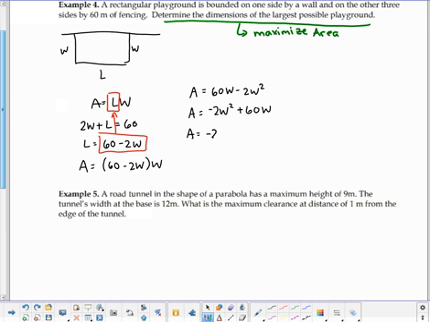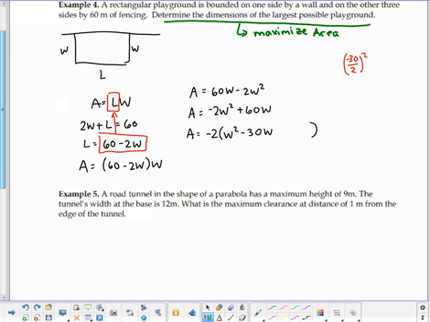Negative 2, we're left with w squared plus 60, negative 30w, because we have to factor out negative 2 from that. All right, this is a fun one. Negative 30 divided by 2 is what? 15.